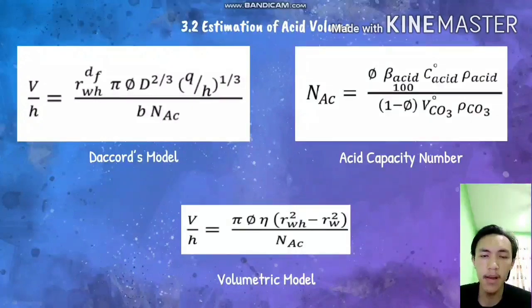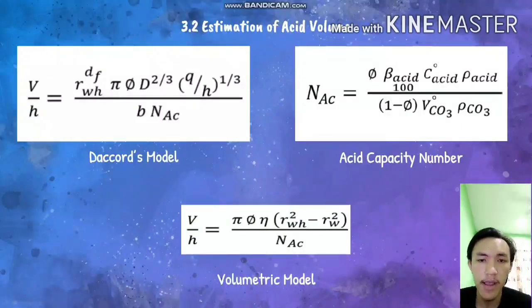For the volumetric model, the equation is shown on the screen, which is V over H equal to pi times the porosity, and then times the fraction of the rock that is dissolved by the acid, and then multiplied by the penetrated radius to the power of 2 minus the wellbore radius to the power of 2, and then divided by the acid capacity number.